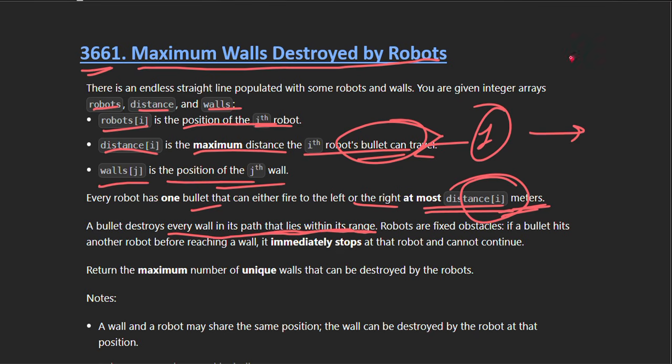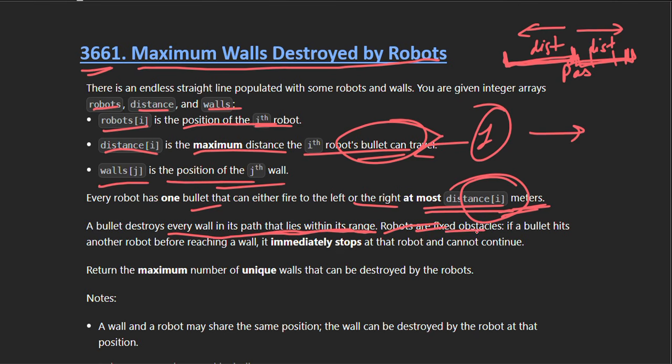Suppose there is a robot here and its range extends this distance on each side from the position of the robot. If the robot fires the bullet in this direction, that bullet will destroy all the walls present in this range. And if it fires in this direction, it destroys all the walls present in that direction.